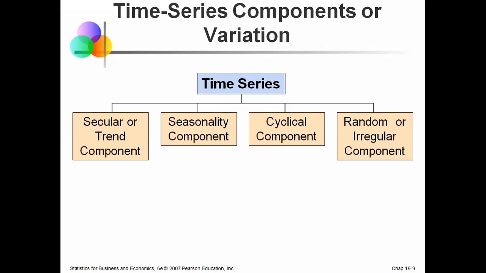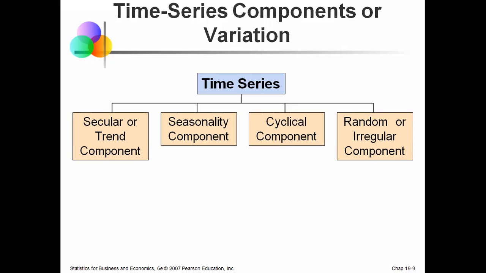The first one is the secular trend or trend component. Second one is the seasonality component or seasonal variations. Third one, cyclical variations or cyclical component. Then the fourth one is the random or irregular variations or irregular components.